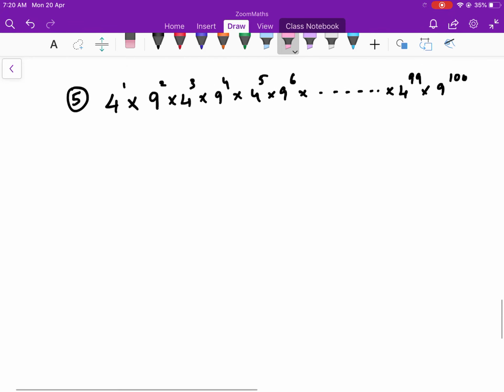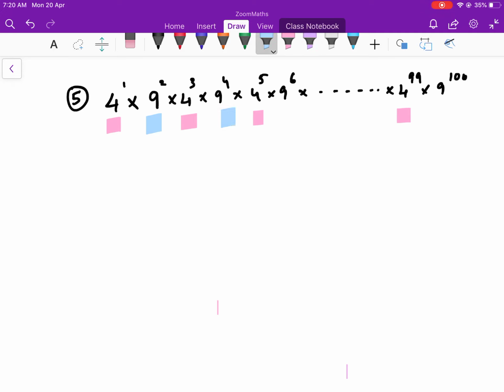Next one. Okay, this is a very nice problem. Now you see over here 4 raised to 1, 4 cube, 4 raised to 5 into 4 raised to up to 4 raised to 99 into 9 square, 9 raised to 4, 9 raised to 6 up to 9 raised to 100. So we learned that property that 4 raised to odd always ends in 4.